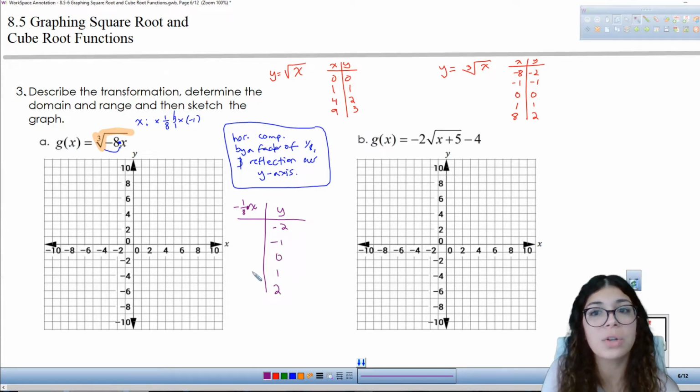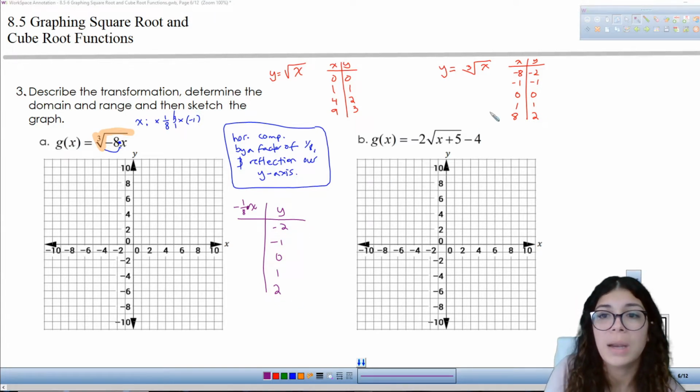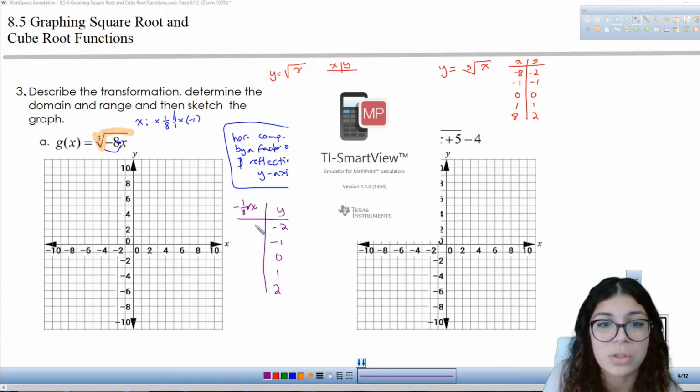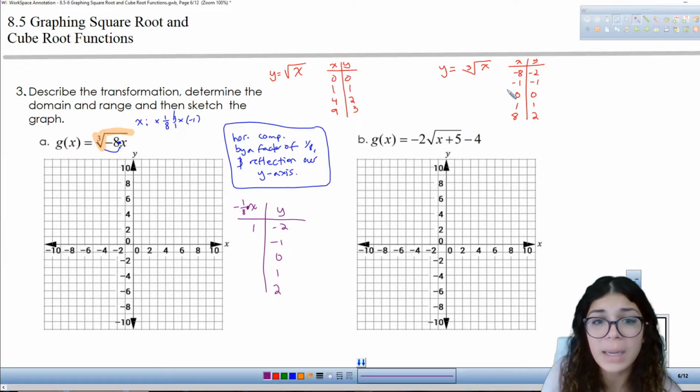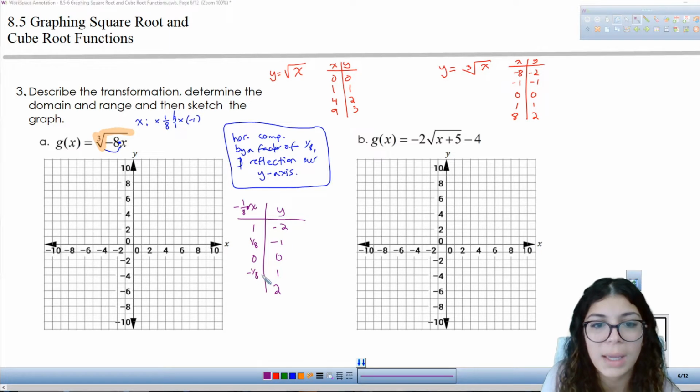Now the x values are all going to change. I'm going to multiply by -1/8. Now, -8 times -1/8 is just 1. -1 times -1/8 is 1/8. 0 times -1/8 is 0. 1 times -1/8 is -1/8. And 8 times -1/8 is -1.